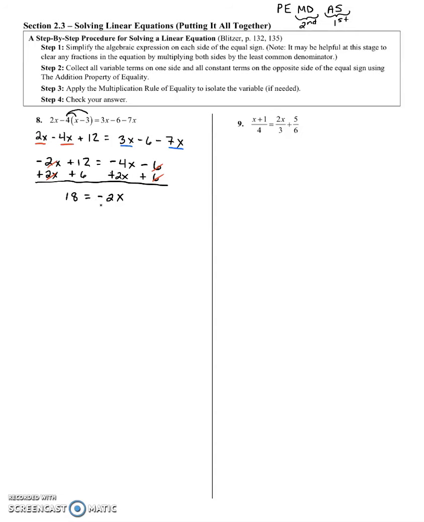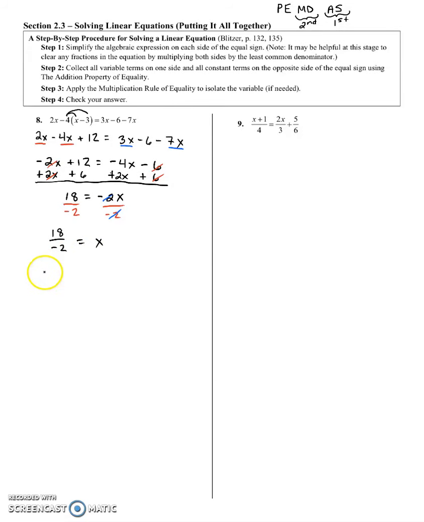And then the last thing we have to do is divide by negative 2. And the negative 2's cancel. And that leaves us with 18 over negative 2 is x.